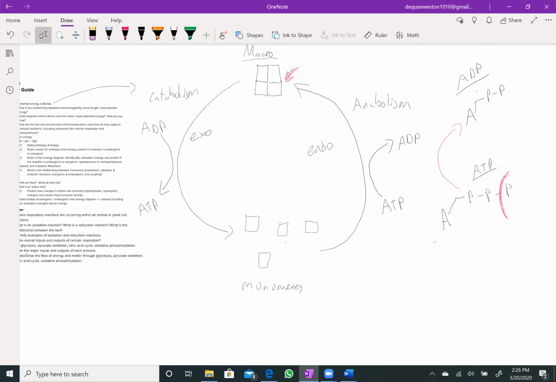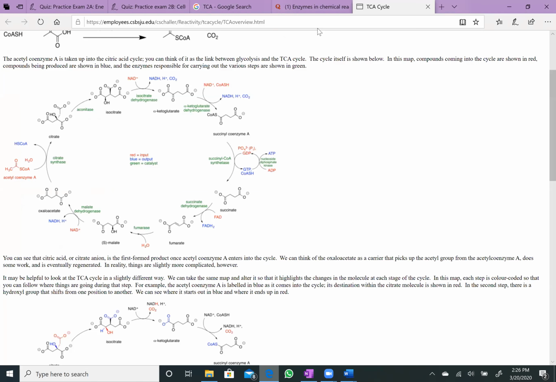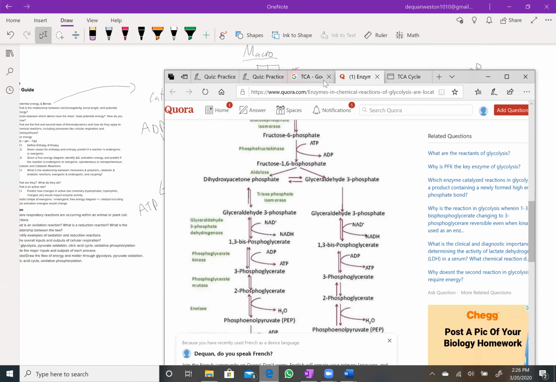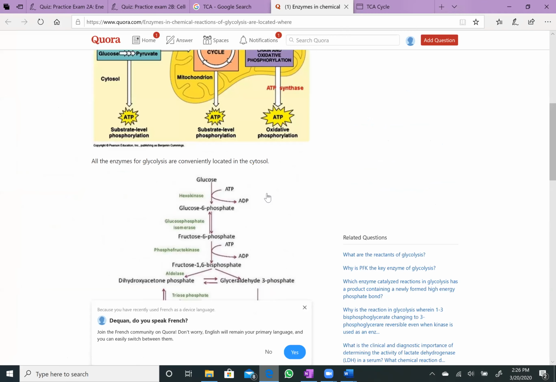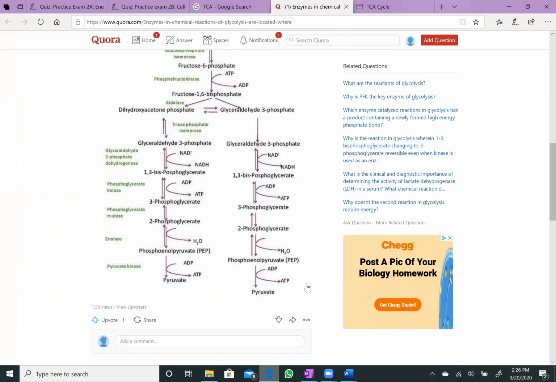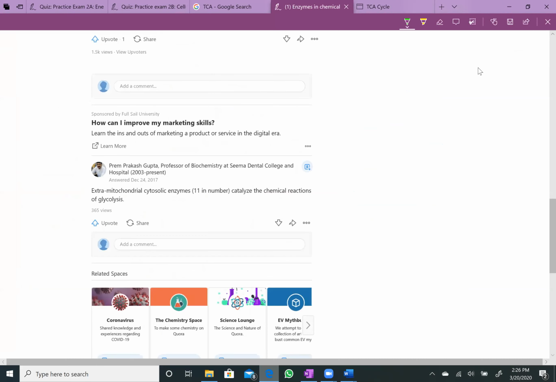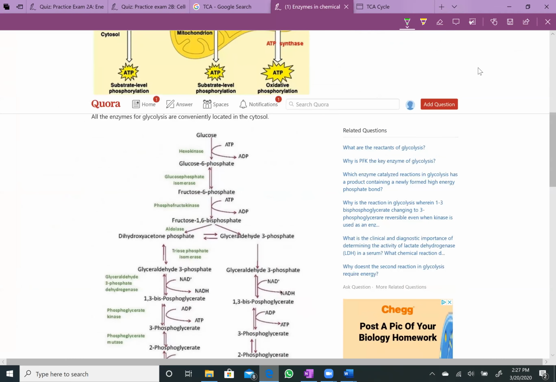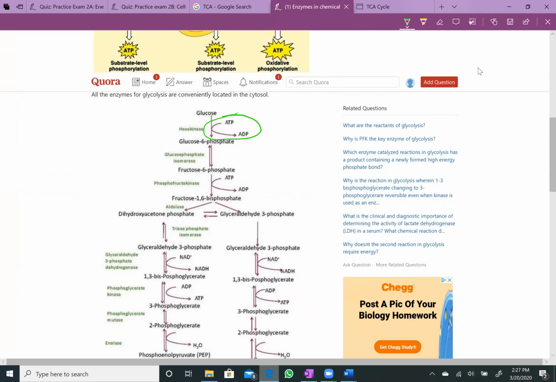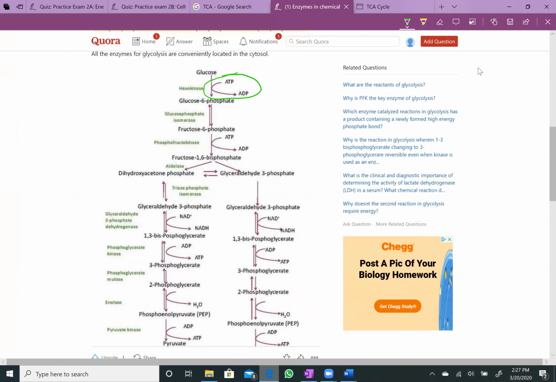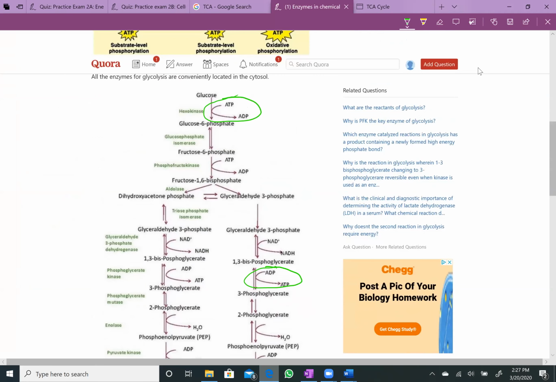Over here, catabolism. Think of our glucose steps where we're breaking down. Can everybody see what I'm looking at on the website? Yeah. So look at these areas where ATP goes to ADP. We have an ATP to ADP right here, and then we have an ADP to ATP here.